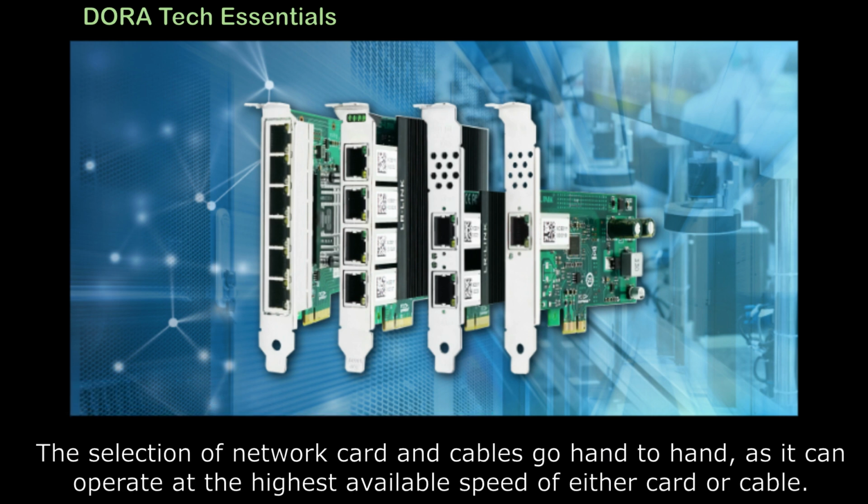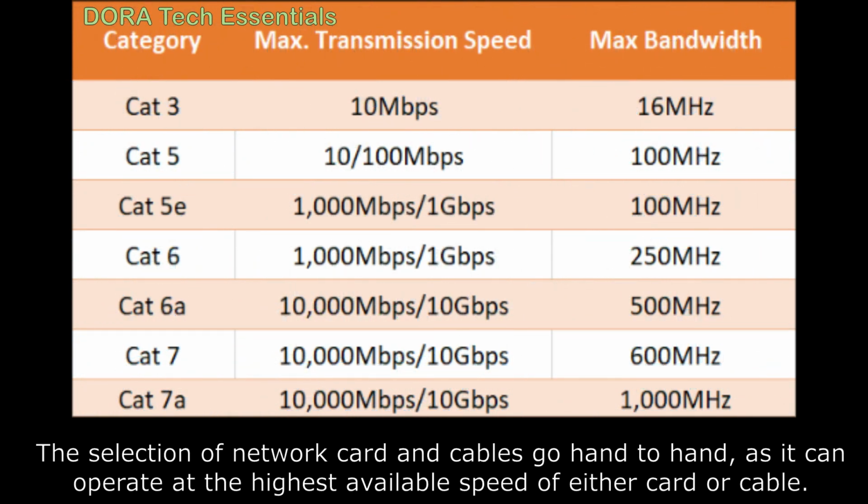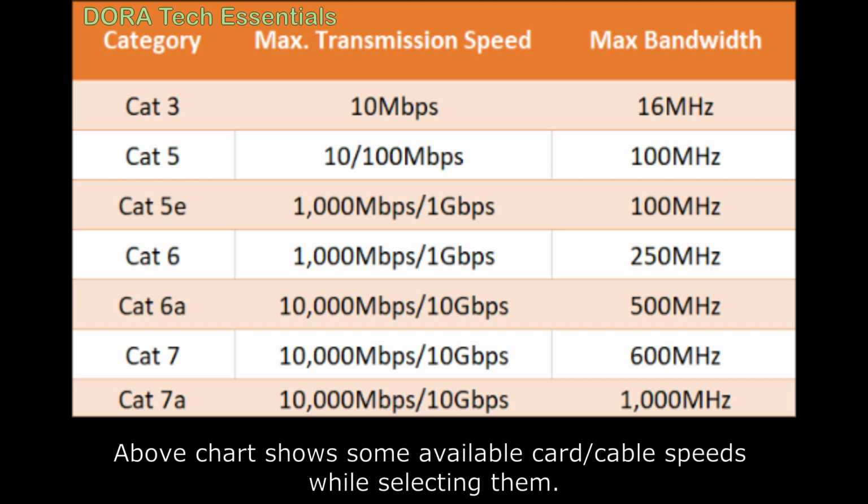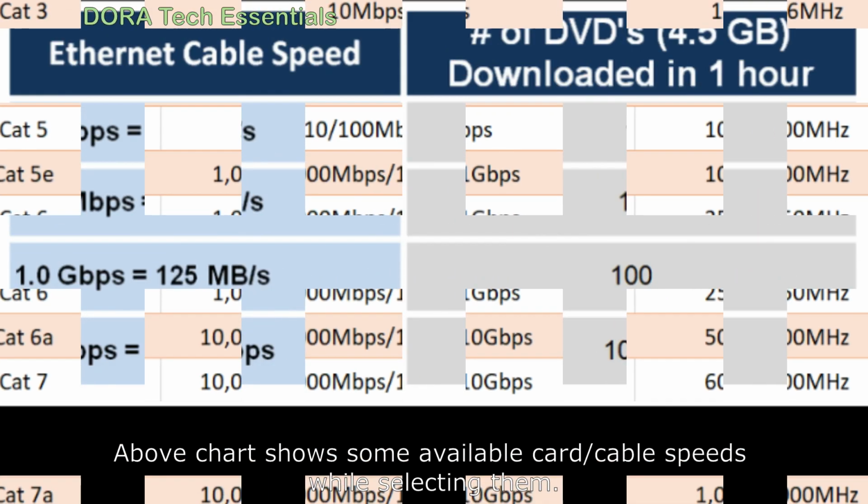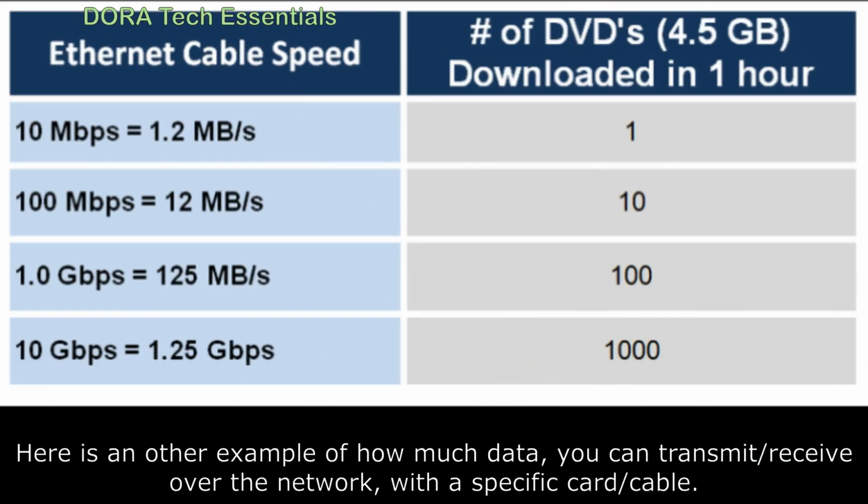The selection of network card and cables go hand in hand, as it can operate at the highest available speed of either card or cable. Above chart shows some available card/cable speeds while selecting them. Here is another example of how much data you can transmit/receive over the network with a specific card/cable.